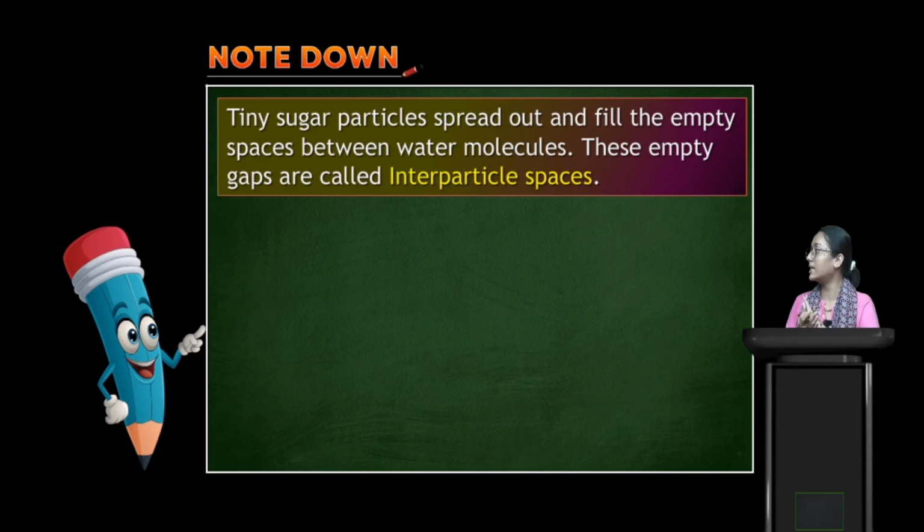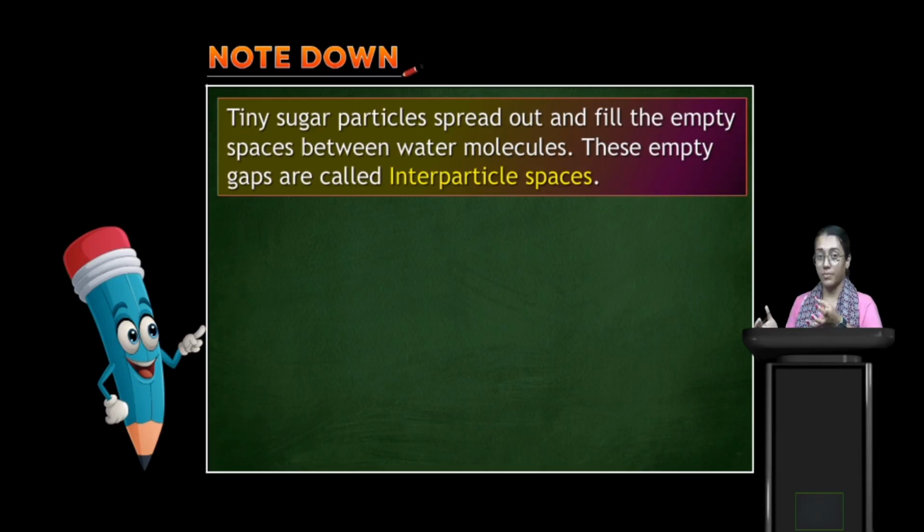So what is interparticle space? The tiny sugar particles spread out and fill the empty spaces. There are some gaps between the molecules of water, which we earlier called interparticle spaces.